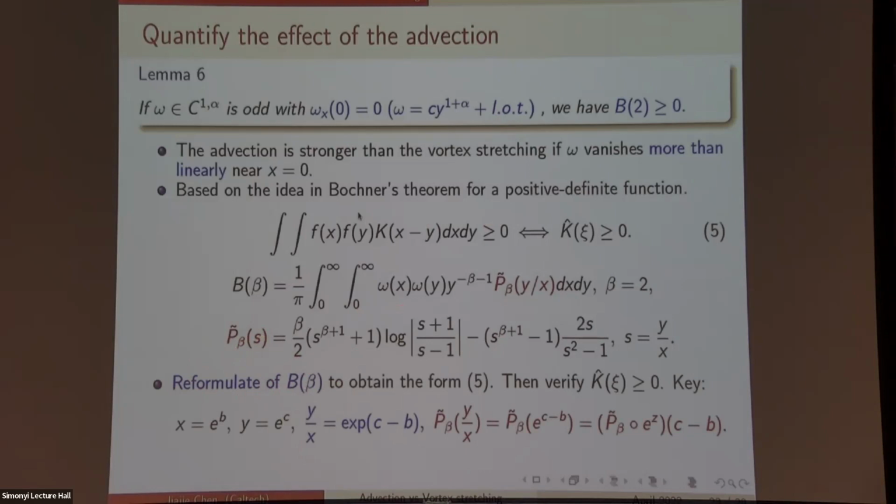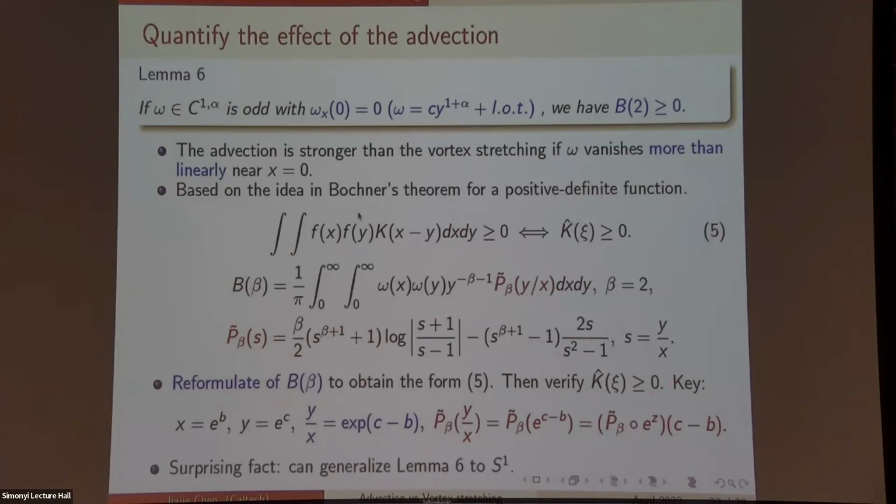Our observation is that we can introduce two parameters B, C, then y divided by x can be written as the exponential of C minus B. So the ratio now becomes the exponential of the difference, and this kernel P beta theta becomes some function of the difference. This is the key step for why we can reformulate this part to this part. And then by checking this condition, we can show that this quadratic form is indeed positive.